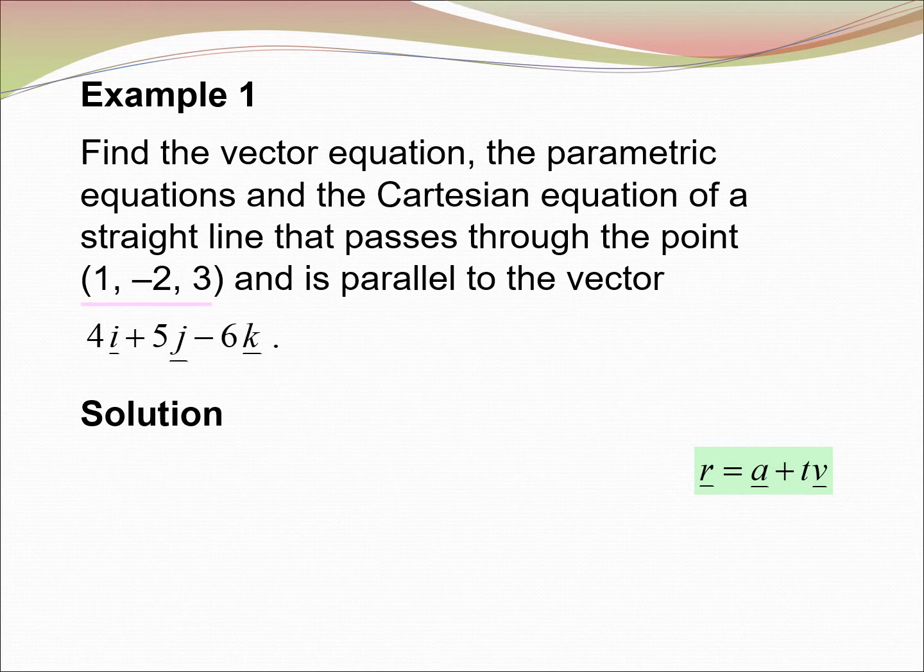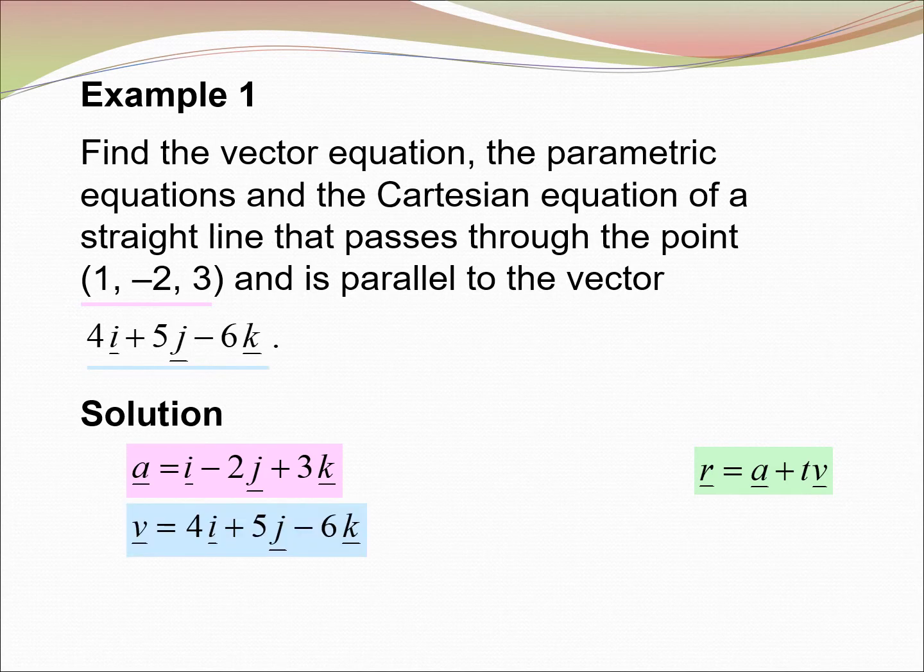So from here, the line passes through the point (1, -2, 3), and a we express in vector form. So a is equal to i minus 2j plus 3k. And V is the direction, which here is parallel to the vector, so V is equal to 4i plus 5j minus 6k.